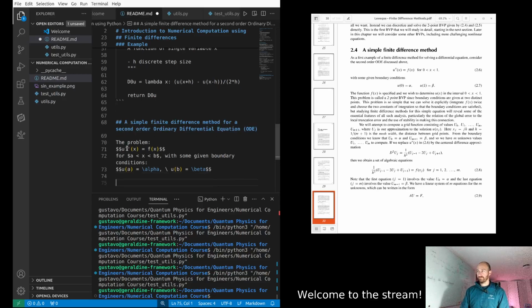So how do we tackle this? Well, we know how to approximate the left-hand side of u prime, right? So we have the discrete version.